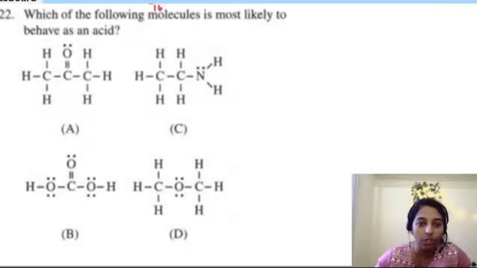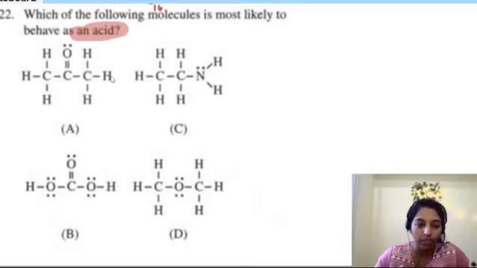Which of the following molecules is most likely to behave as an acid? Okay, when we are comparing the strength of acid, what's the important point, right? So A, B, C, D options, how do you figure it out? The main thing, acid strength depends upon how many electronegative atoms are attached.